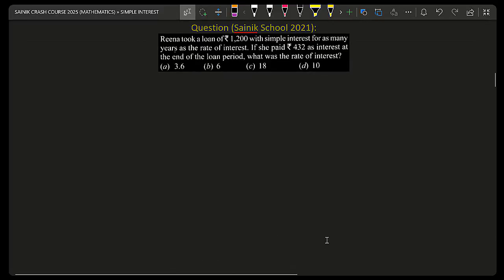Reena took a loan of 1200 rupees with simple interest for as many years as the rate of interest. If she paid 432 rupees as interest at the end of the loan period, what was the rate of interest? Who will answer this? I am lowering all the hands. Only interested students can raise a hand for this question.